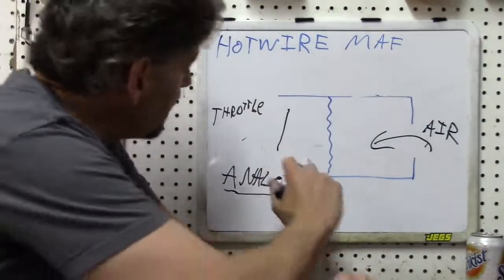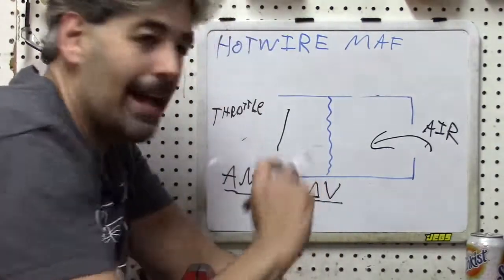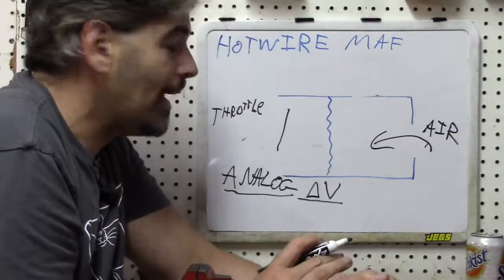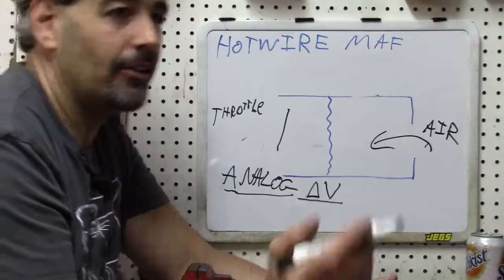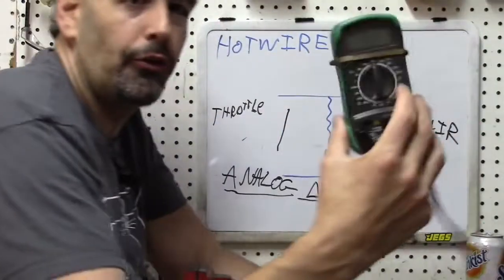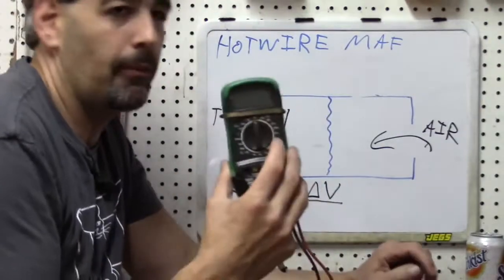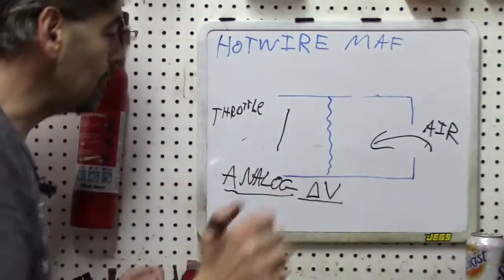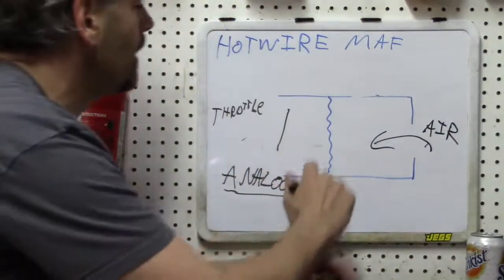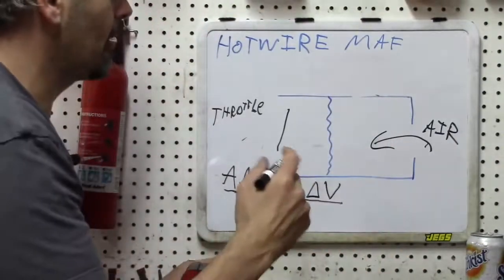You will be able to see that change in voltage quite easily using a standard digital volt ohm meter, like you guys, if you watch this channel, should be well familiar with how to use. And that is going to be done because of the simple operation of the sensor.